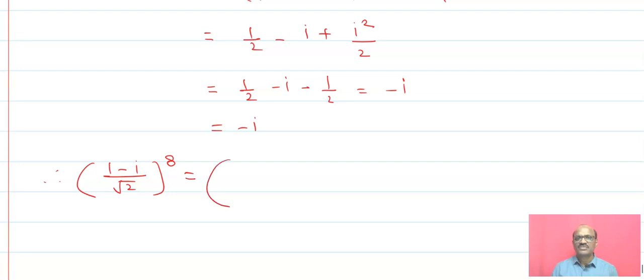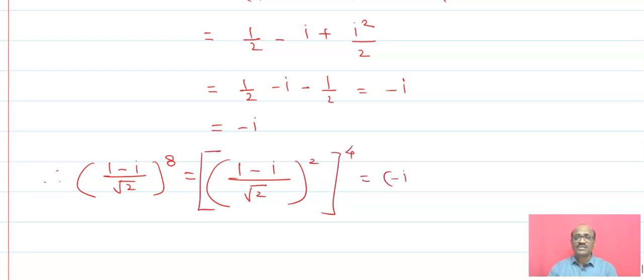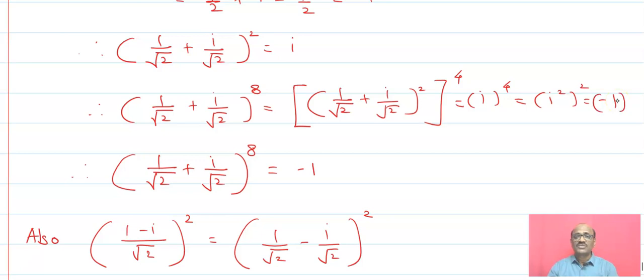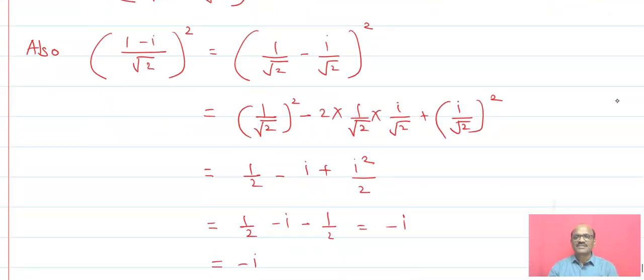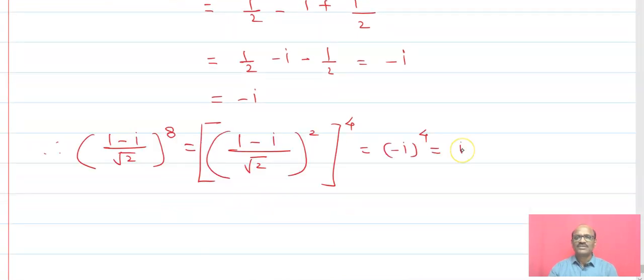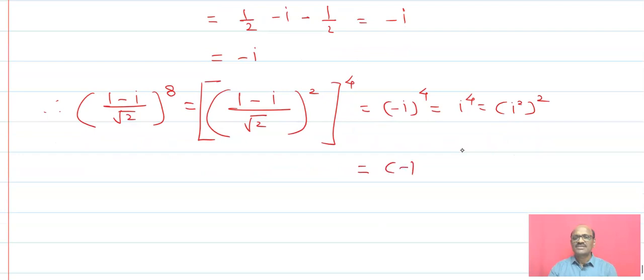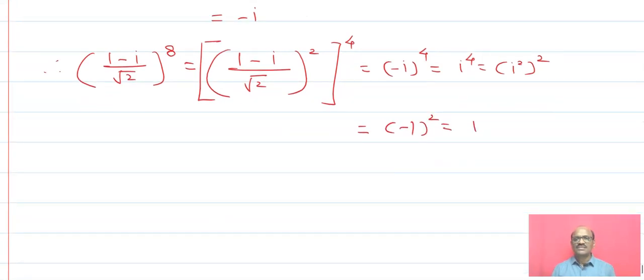Therefore, bracket raised to 8 is equal to ((1−i)/√2)² raised to 4, that is (−i) raised to 4, that is equal to, now I am changing its value, 1, and overall you will get (i²)², and that is equal to 1.